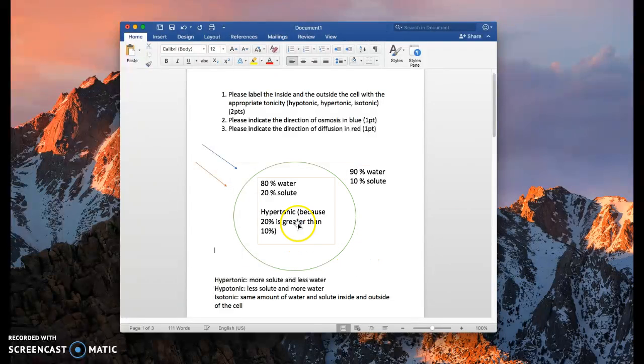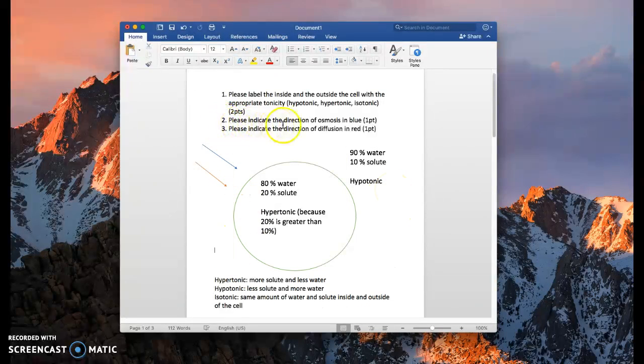And of course, if the inside is hypertonic, the outside must be hypotonic. You cannot have a part of your cell be hypertonic without the outside being hypotonic, and vice versa. The only time that they're going to be the same inside and outside is if it is isotonic.